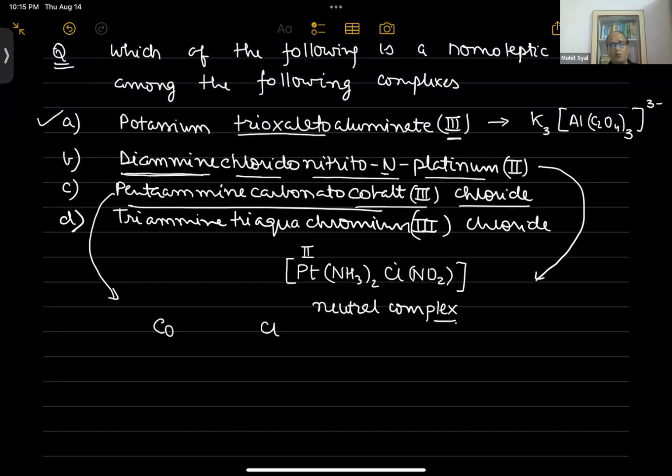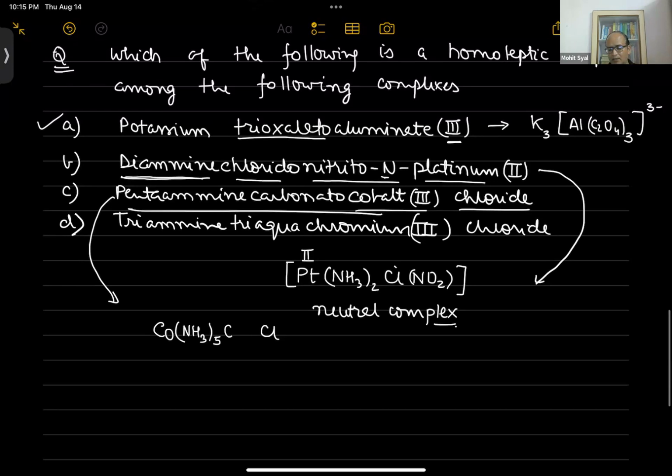The cation and anion, what are the charges? Accordingly, we will put their numbers. So cobalt is there, and in the cobalt you have pentaamine, NH3 5, and carbonato as CO3. Carbonate, you know, calcium carbonate, CaCO3. So this is carbonato.